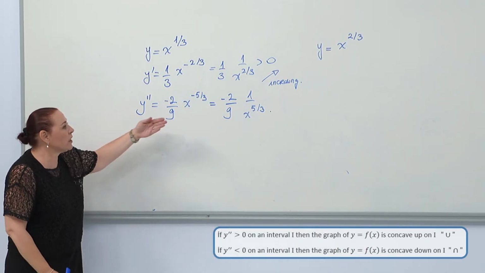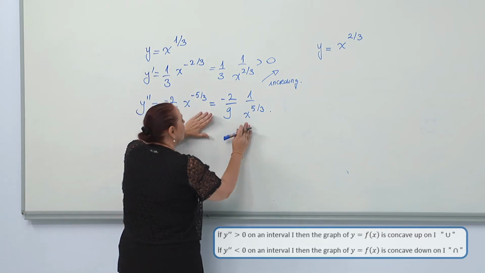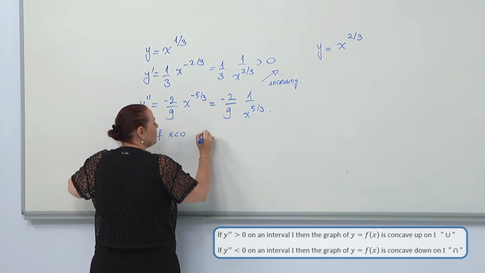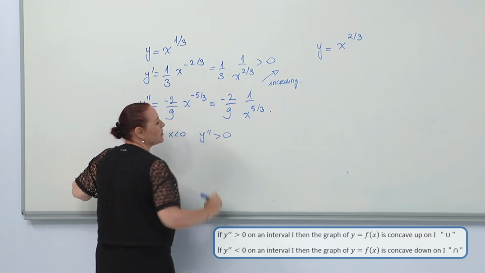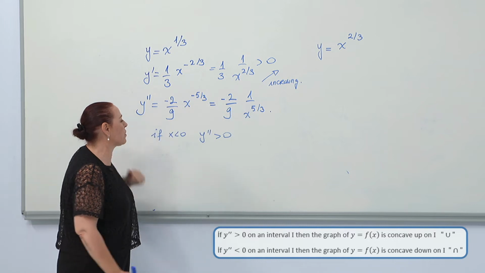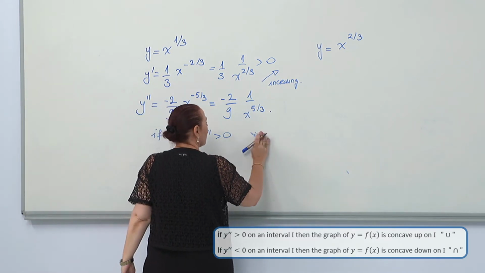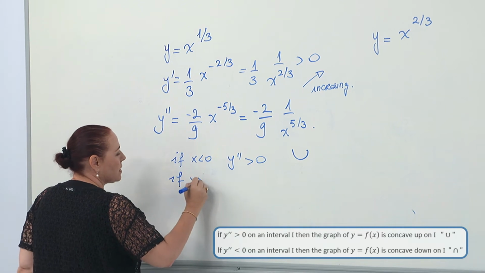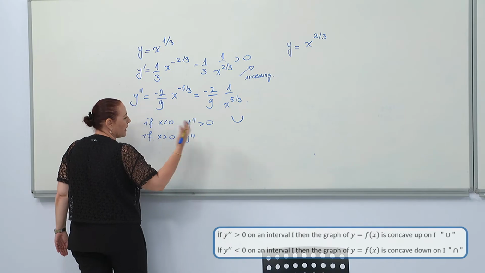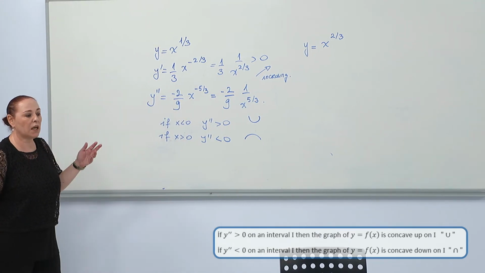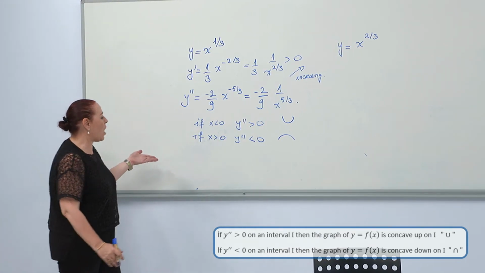Let's look at the concavity. You can see that if x is negative, the second derivative is going to be positive, because this is negative and this is negative, so it's going to be positive. So it's concave up. If x is positive, the second derivative is going to be negative, which is concave down.